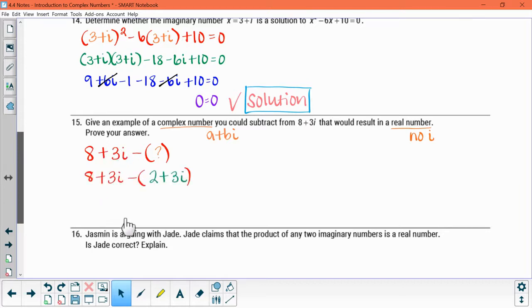So for my example, I did 2 plus 3i because remember, real terms go with real terms, imaginary terms go with imaginary. So I get 8 minus 2 is going to be 6. And 3i minus 3i cancels each other out. So that eliminates the imaginary piece. That gives me no i. So this was one possible solution you could have.